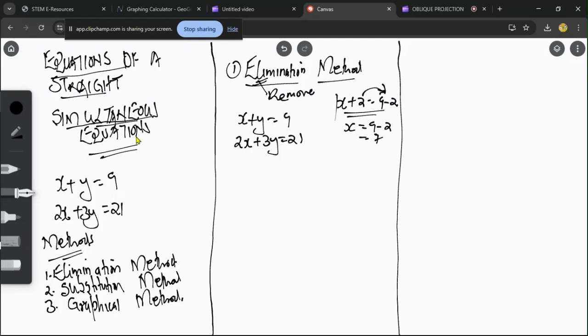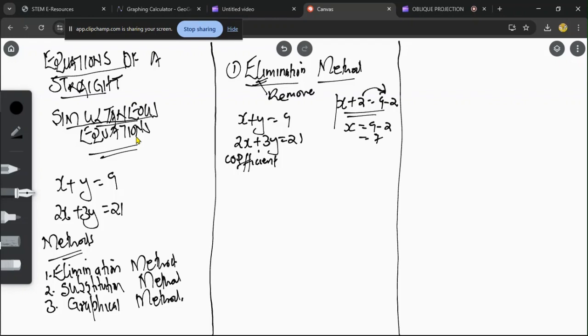This is very easy. So to eliminate here, I make sure that the numbers, the coefficients, I'm using the word coefficient, coefficient of x. If I want to eliminate x, I must make sure that the number that comes before x here, or the one that is attached to x here, they are the same.